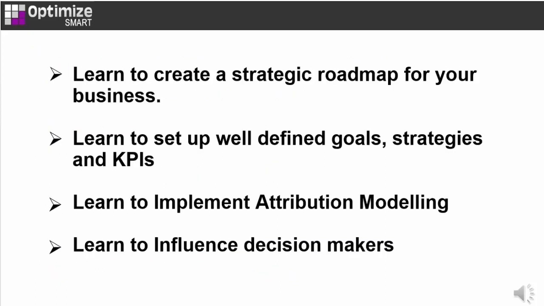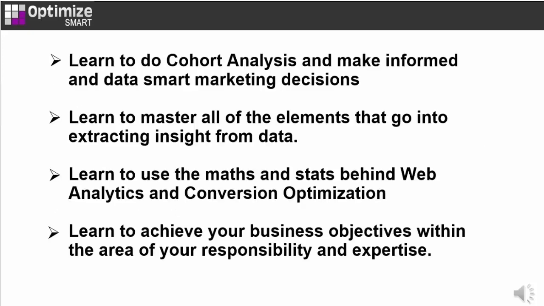Following are the course objectives. Learn to create a strategic roadmap for your business. Learn to set up well-defined goals, strategies and KPIs. Learn to implement attribution modeling. Learn to influence decision-makers. Learn to do cohort analysis, and make informed and data-smart marketing decisions. Learn to master all of the elements that go into extracting insight from data.